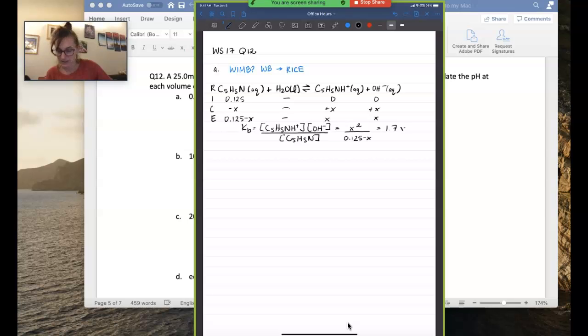It's 1.7 times 10 to the negative 9th. We're going to assume X is small enough to ignore, especially since Kb is so small and we're working in relatively not so dilute concentrations.